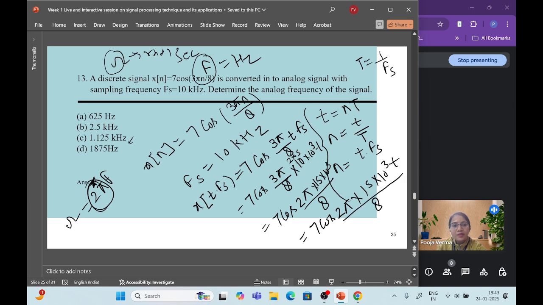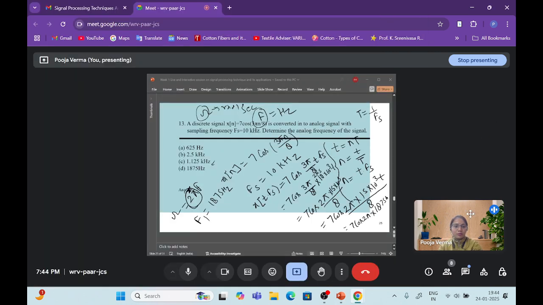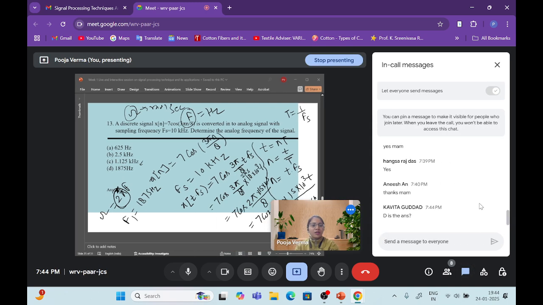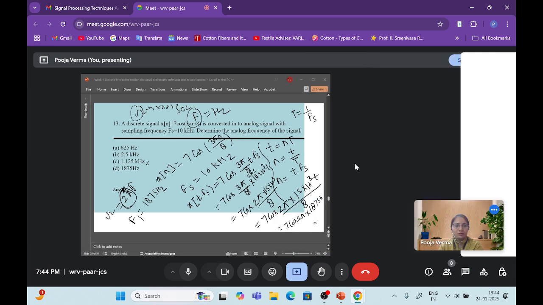Now just divide it: 15,000 divided by 8. You will get 7 cos 2 pi into 1875 hertz. So from here you get this frequency f, 1875 hertz. So option D is the correct answer. Yes, option D is the answer.